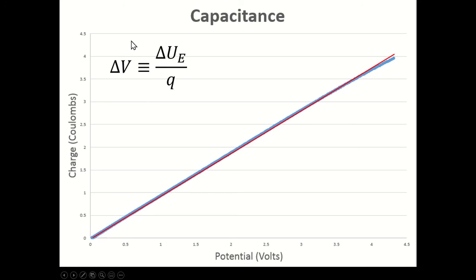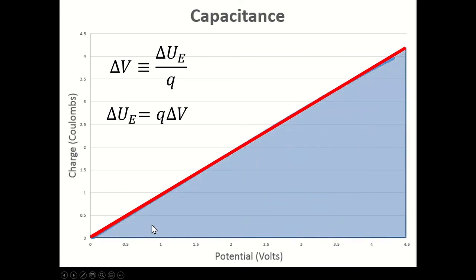Okay, so voltage was how much electrical potential energy there was per charge. That was the definition. And then we just rearrange and we can calculate the electrical potential energy by taking the voltage multiplied by the charge. Take this voltage multiplied by this charge. Well, that sounds like the area under that curve. This voltage times that charge, although we do have to divide by 2 because it's going to be an average charge.